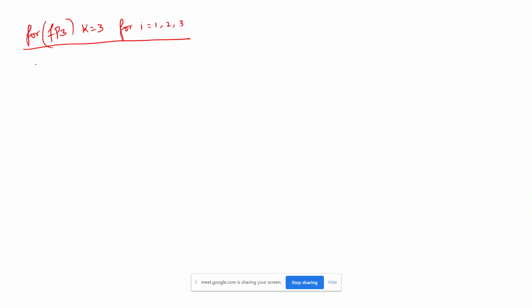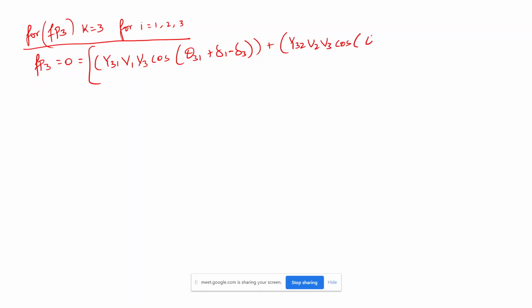So if you solve this, then fp3 is equal to 0 is equal to y31 v1 v3 cos theta 31 plus del 1 minus del 3 plus y32 v2 v3 cos theta 32 plus del 2 minus del 3 plus, I will write here, y33 v3 v3 cos theta 33, or q33 theta 33, you can write anything, plus del 3 minus del 3 minus p3.